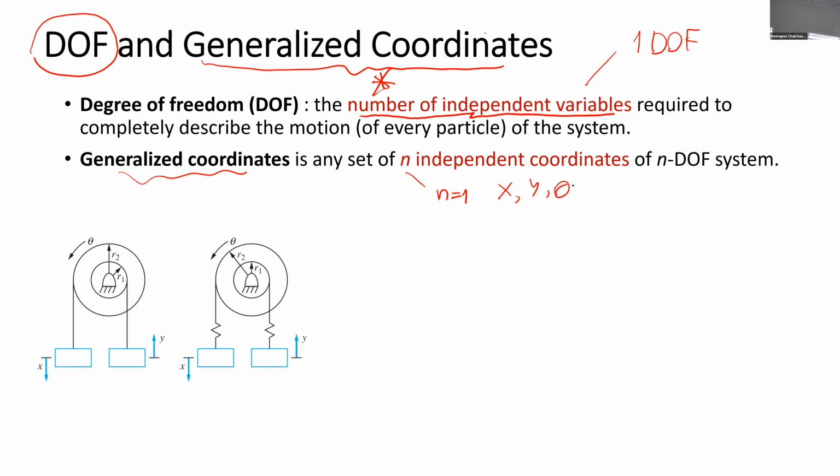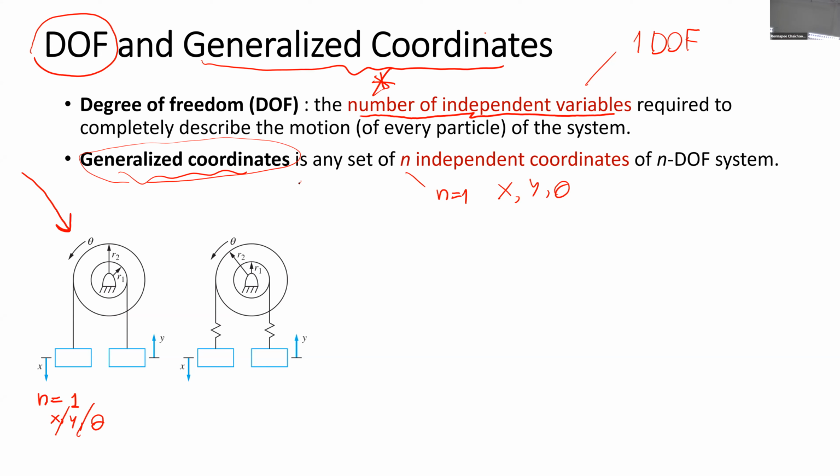So, example here, from the previous slide, we know that the number of degrees of freedom equals 1. And the generalized coordinate can be x, or y, or theta, depending on what you select as a generalized coordinate.